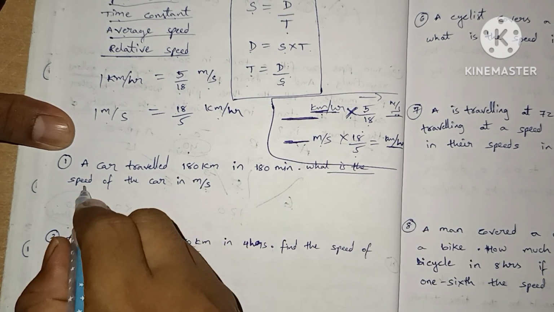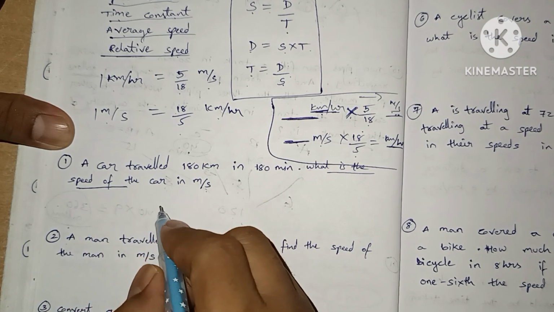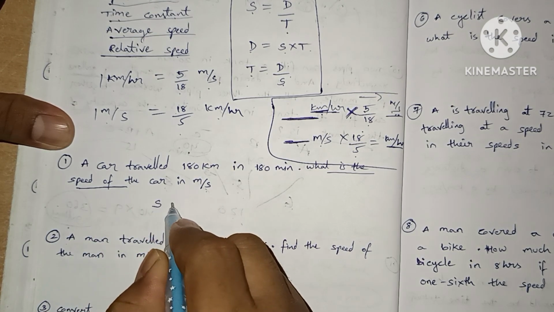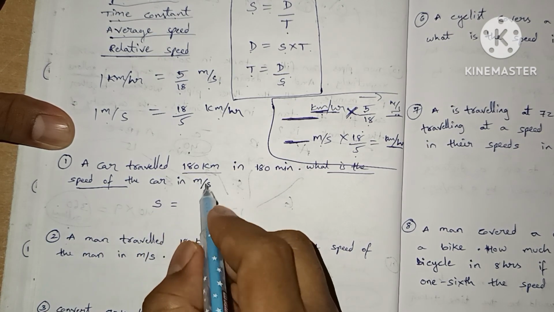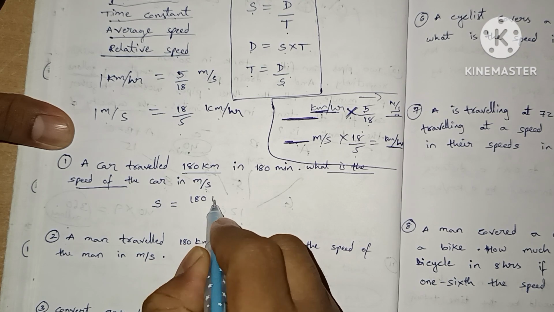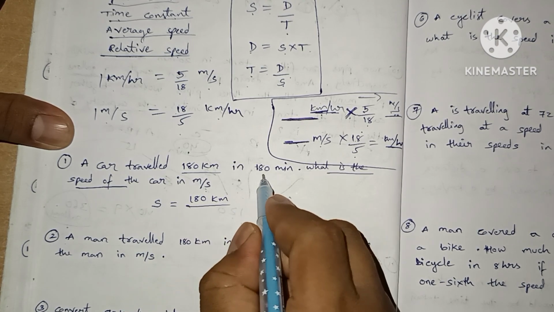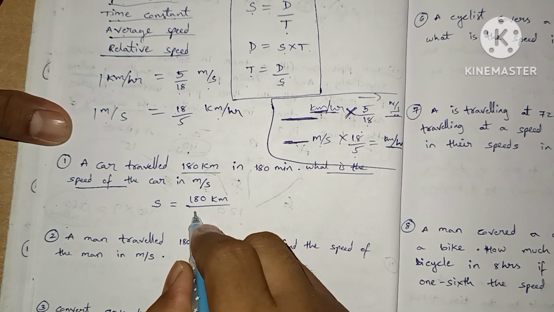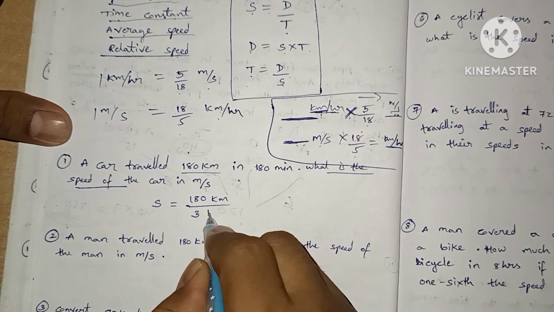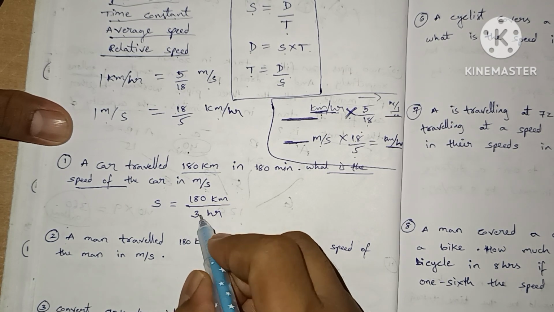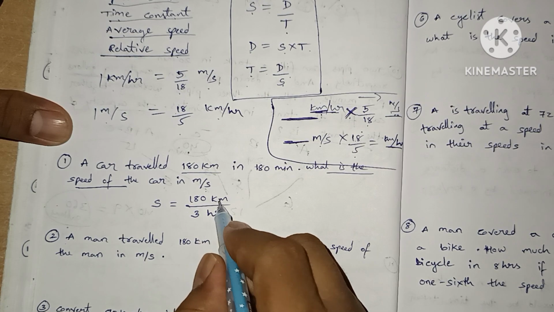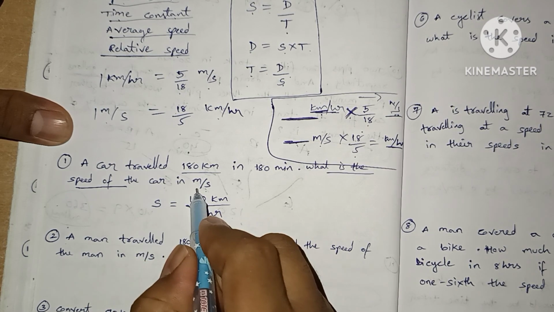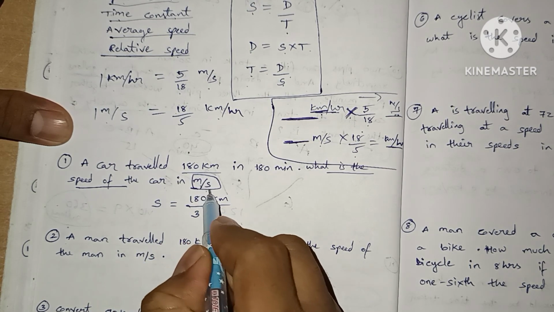Here the question asked is the speed of the car, so we need to find the speed. Here we have 180 kilometers divided by 180 minutes. 180 minutes means 3 hours. Okay, so we have kilometers per hour here, but we need the speed in meters per second.